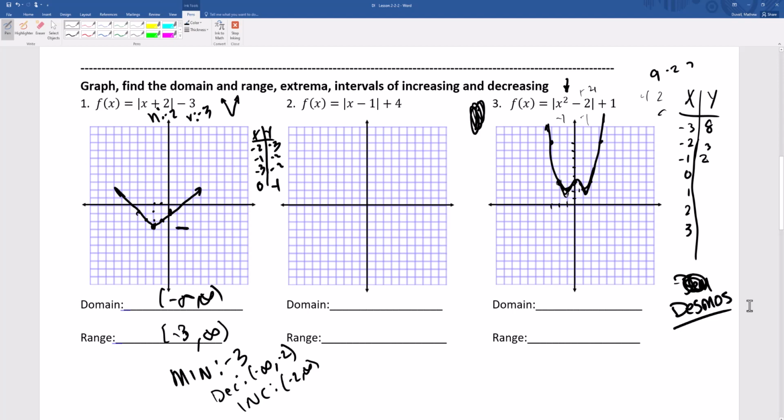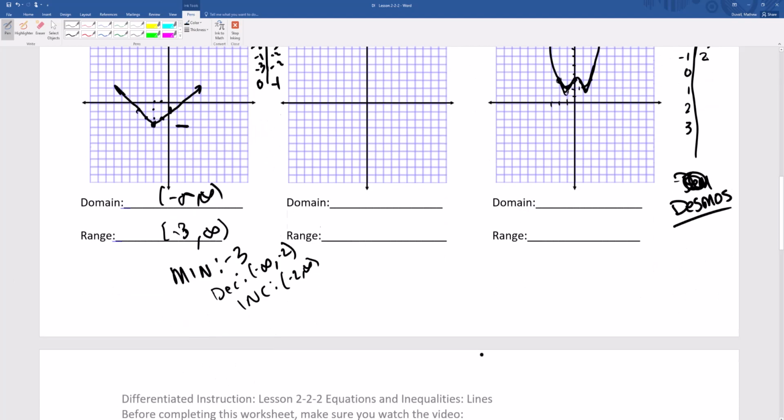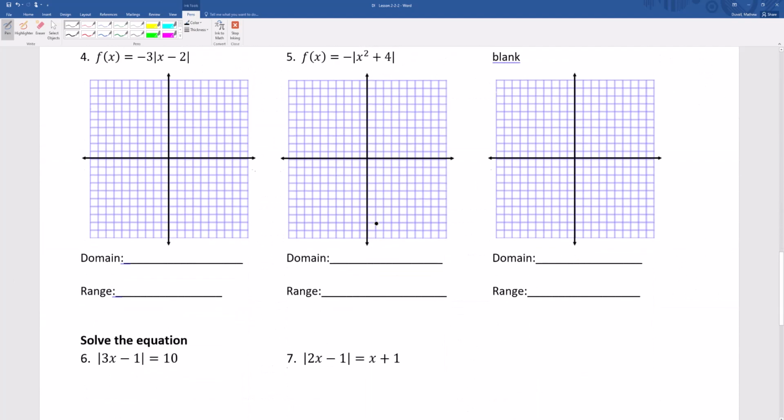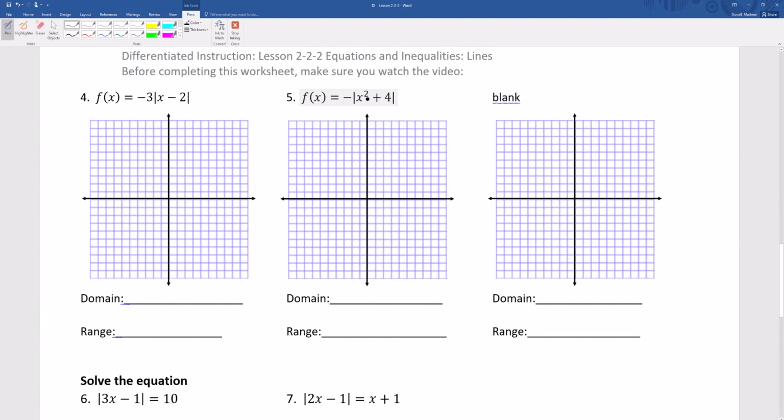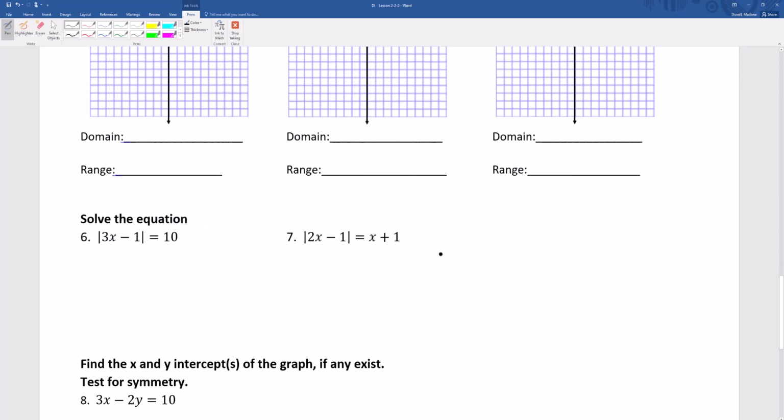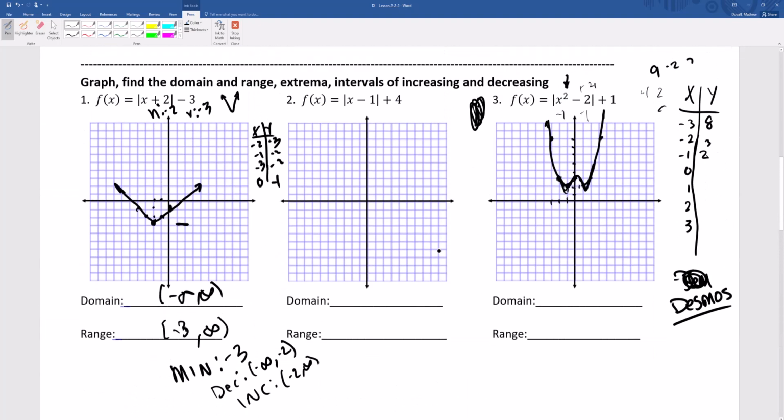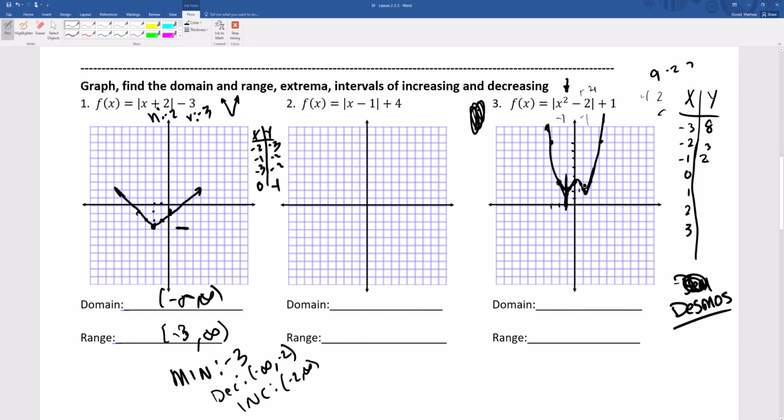So plug that into Desmos and see what it looks like. That's going to give us a shape to help us out a little bit more. Same thing with this one, using Desmos might help us out. But the important piece here is that this is decreasing, then increasing, then decreasing, and then increasing. That's what we want to look for.